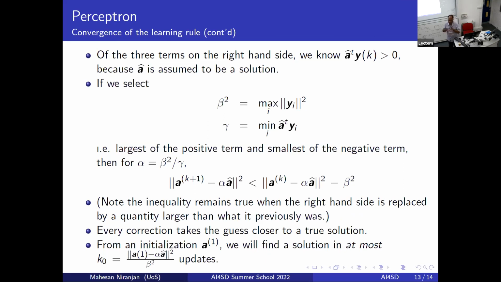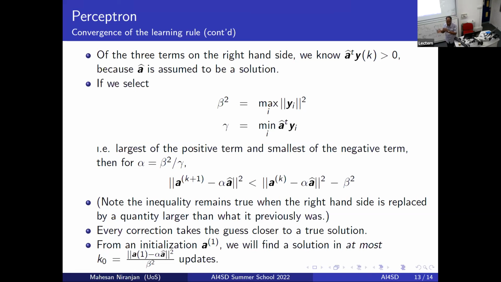Yeah. So remember, I'm working with data that's separable. If the data is separable, then there is a solution. Yeah, there is a boundary that will separate it. Yeah. And assuming that such a boundary exists, we want to ask the question, this particular algorithm that I have come up with, yeah, will it take me closer to an assumed solution than I was before?